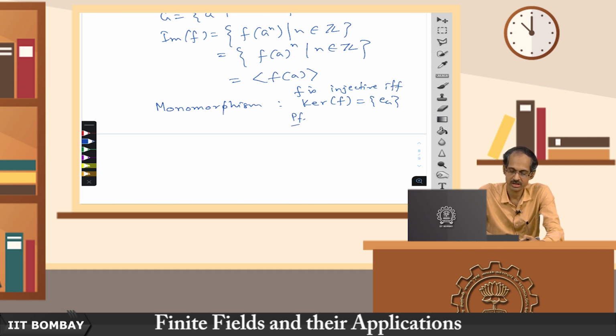Now, we have not done this proof, but we can quickly do this. Clearly, if f is injective, then the kernel must be only e_G, because two elements cannot go to the same element on the right hand side, which is e_H. Now, the other direction: if the kernel is {e_G}, then f must be injective. Why?